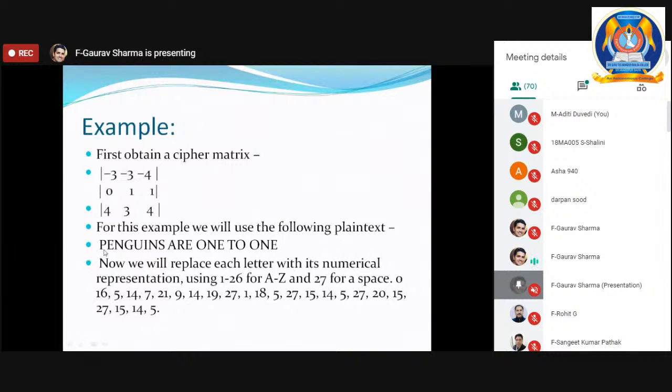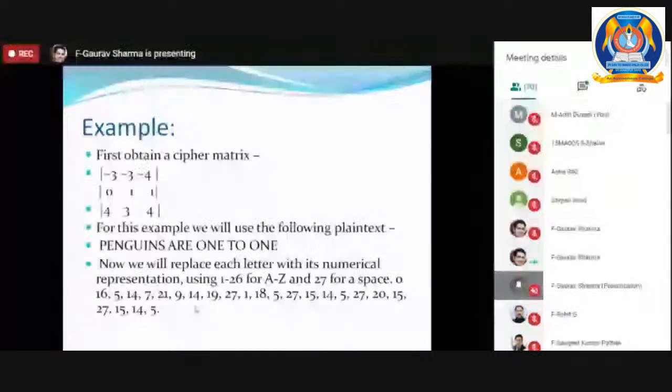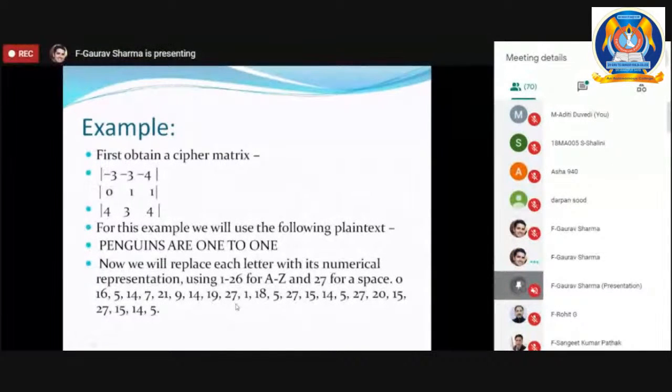If I am saying P, the number is 16. E number is 5. G number is 14. U is 7, I is 21, and so on, right? So I have denoted these numbers with respect to the letters. If I put a space, then I will put 27.